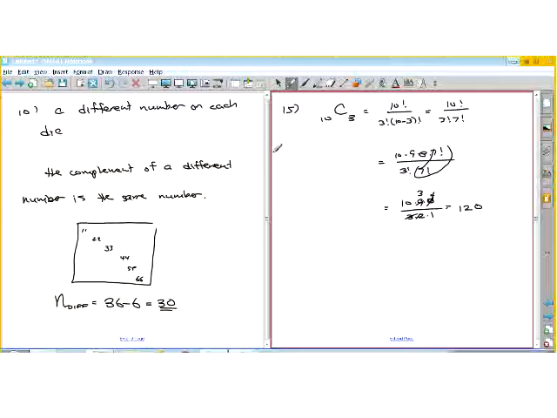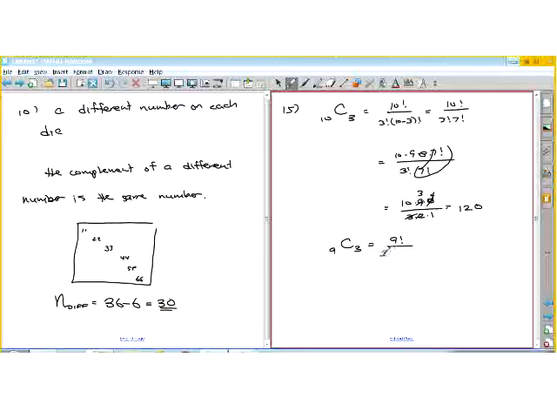Now, how many sets of these voices would not include Southern Voice? So for the ones that wouldn't include Southern Voice, you take 9 things taken 3 at a time. So you remove one of the albums, which is Southern Voice, and you do that.